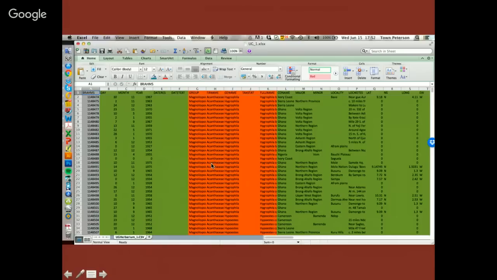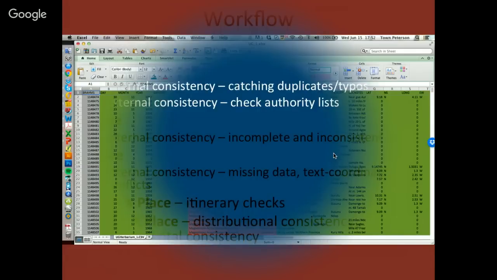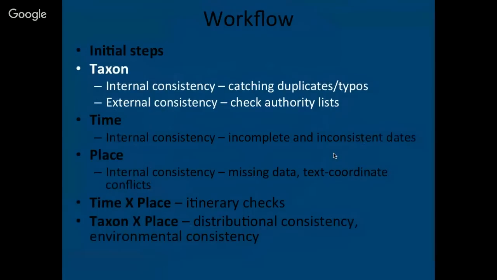And in red, I have taxon information. And in the darker green, I have place information. And so all I've done is kind of reduce my data set so it's a little more manageable. So those are just some quick reminders about initial steps.